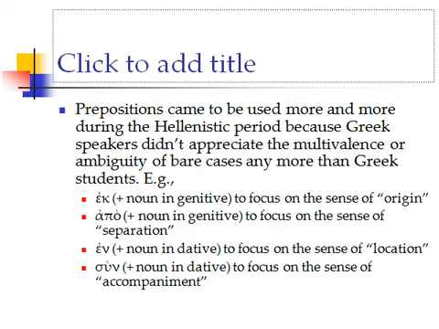Let me just go back for a moment to these others. You might find the preposition en, which is very similar linguistically to our preposition in, followed by a noun in the dative to focus on the dative sense of location. We're going to find out this week that en followed by a noun in the dative can also invoke other senses, but at least it narrows down the range of dative possibilities.